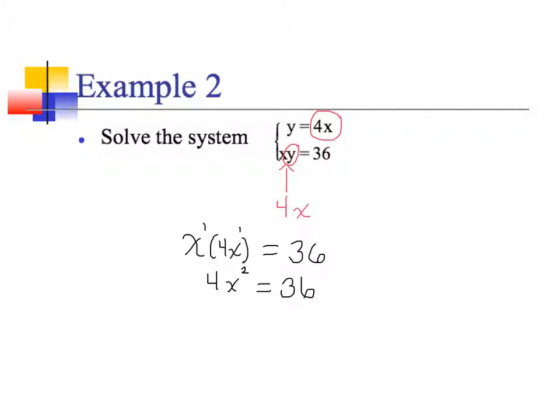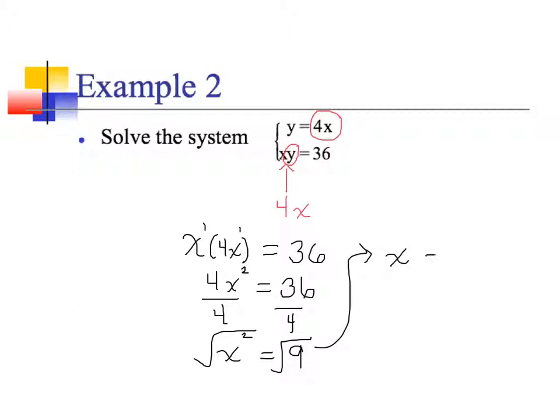Then I know to undo the multiplication next by dividing. And now I have x squared is equal to 9. So to get rid of squaring, I have to take the square root. But we've got to remember there are two square roots of 9. There's positive 3 and there's negative 3.